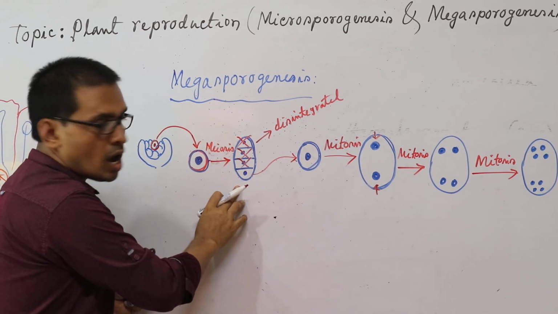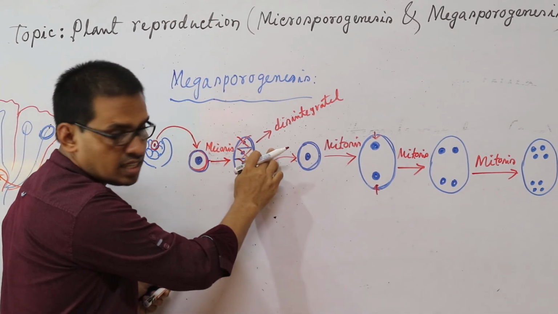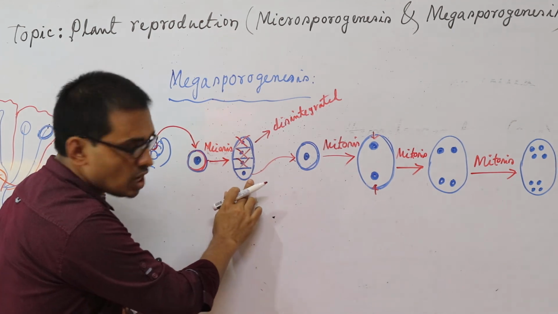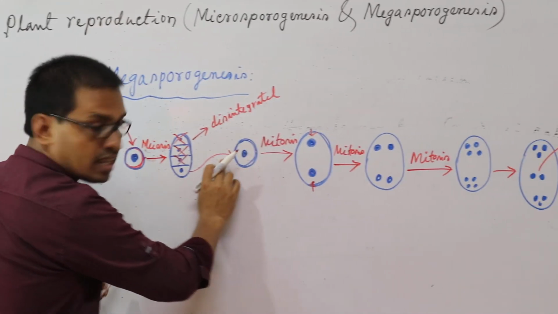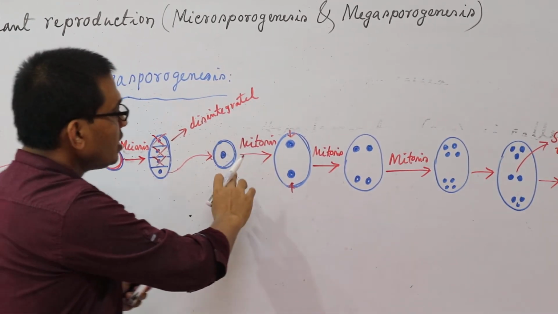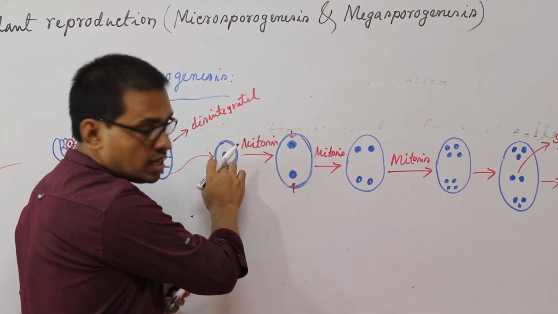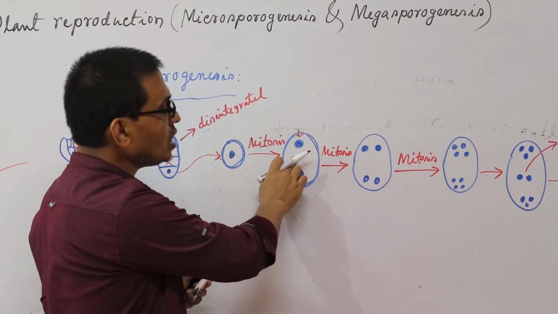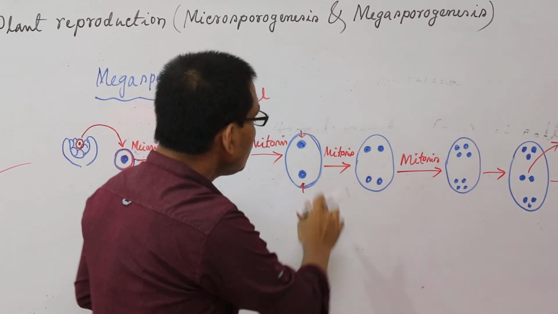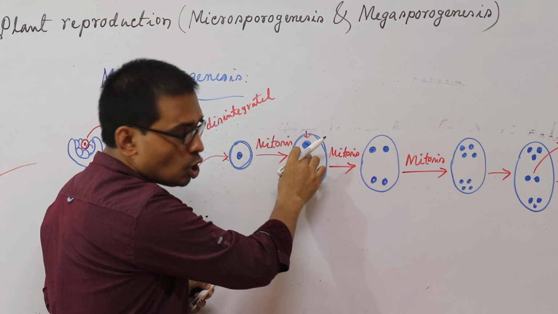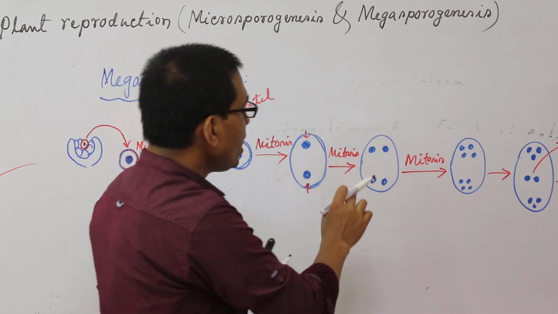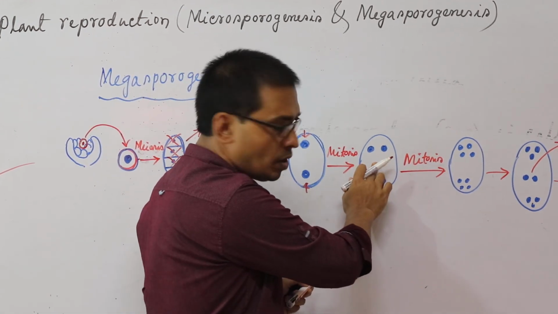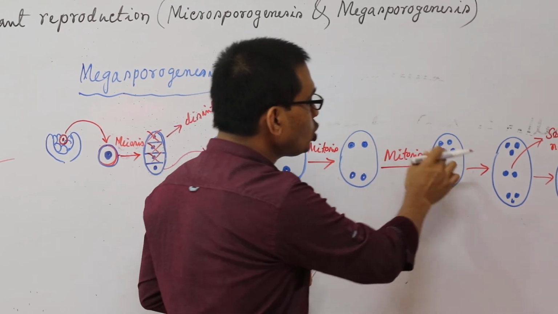Except a smaller one, all 3 cells get disintegrated, and this smaller cell again gets larger, and the nucleus of this cell divides by mitosis to form 2 nuclei. These 2 nuclei take position at the 2 poles of this embryo sac, and 2 nuclei form 4 by mitosis, 4 to 8.